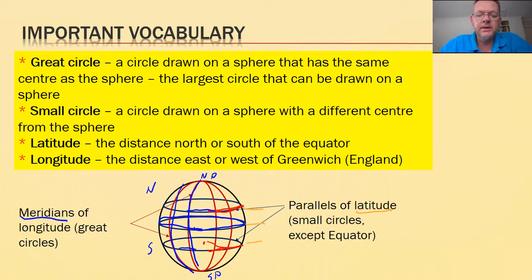You can see that these are parallel to each other. Now I also remember that lat is flat. Now the only parallel of latitude which is a great circle, as I mentioned before, is the equator. And that's this one here. All the others are small circles.